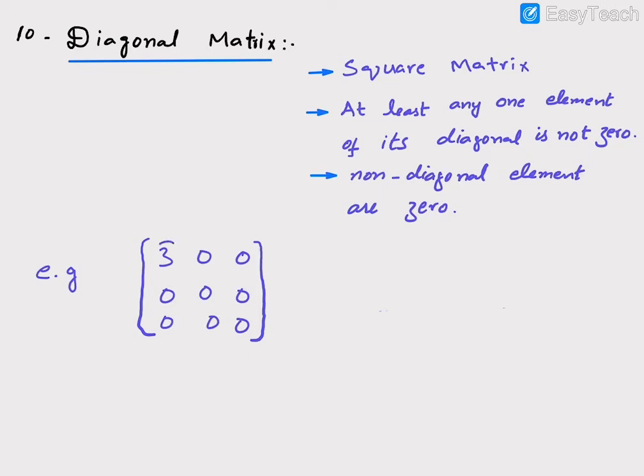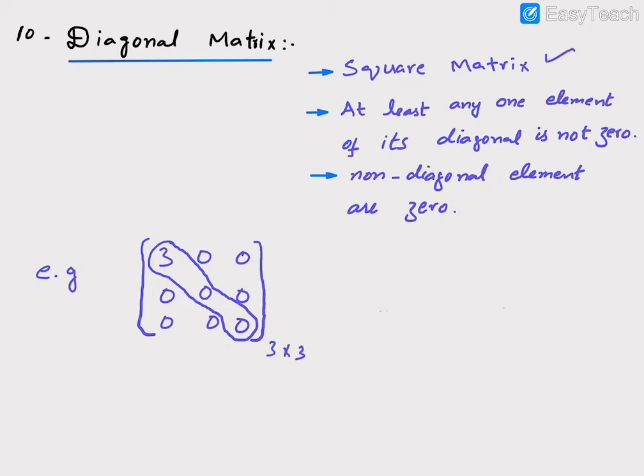This is called the middle entries or middle elements. These are called diagonal elements or diagonal of the matrix.